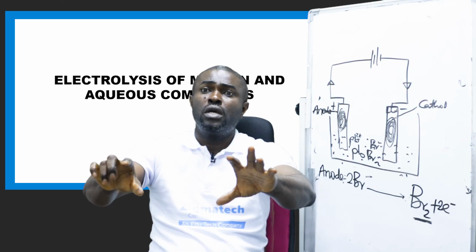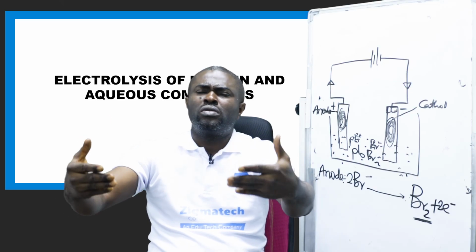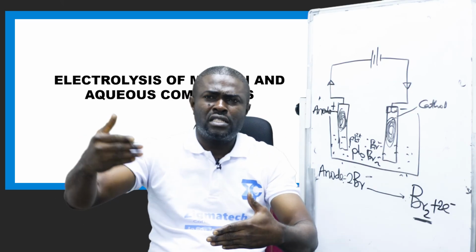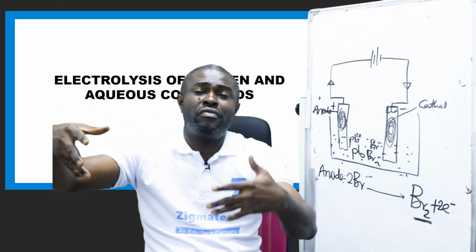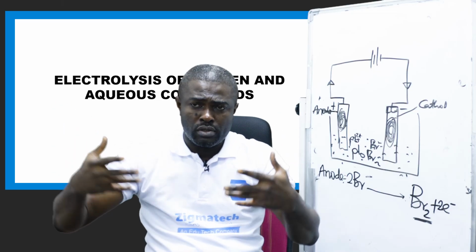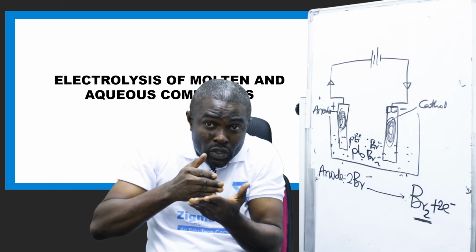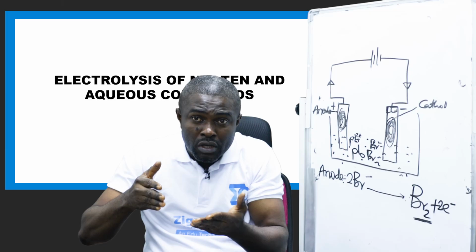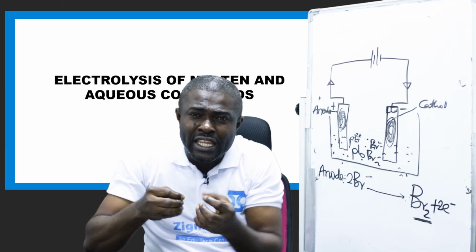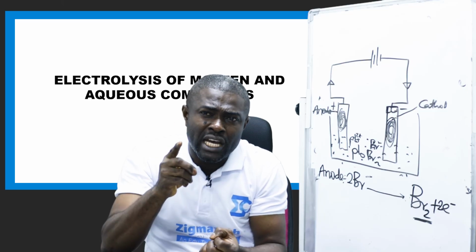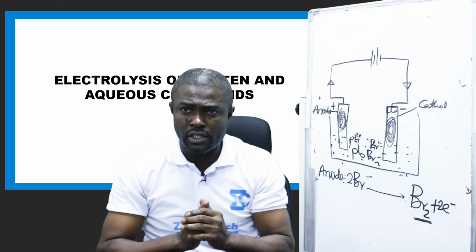Now, the question is, which one will be discharged and collected as a neutral atom in the respective electrodes? That will take us to another section, which says factors that determine the discharge of ions during electrolysis.